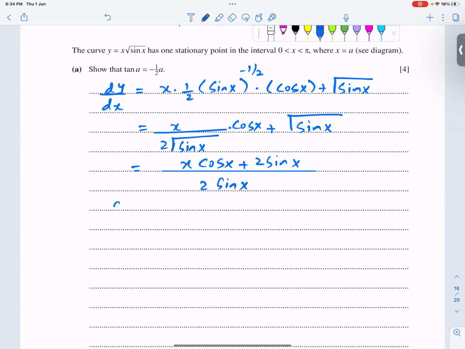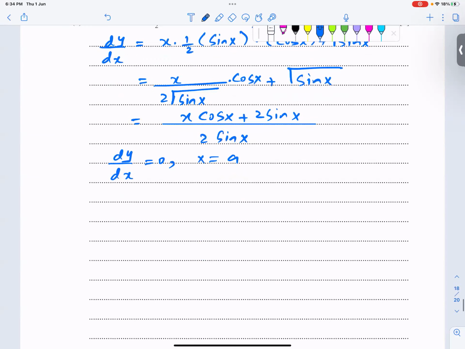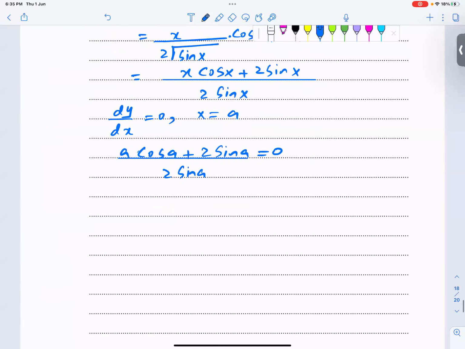Now we have a stationary point at x equal to a, so dy by dx is equal to 0 if x is equal to a. So put x equal to a in the above derivative: a cos a plus 2 sine a, whole divided by 2 square root sine a, is equal to 0. Multiply the denominator with 0, so a cos a plus 2 sine a is equal to 0.